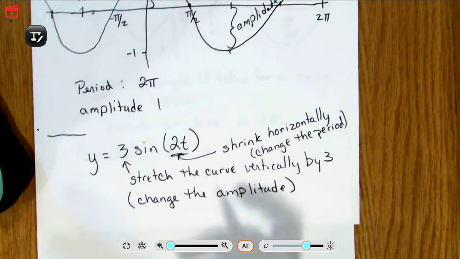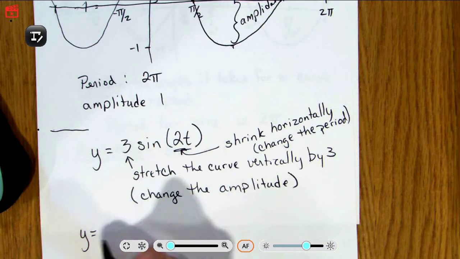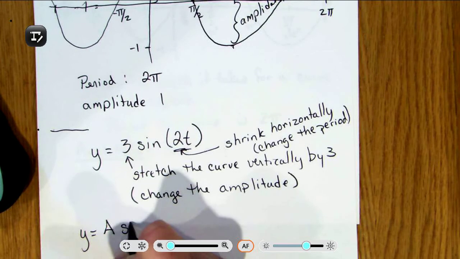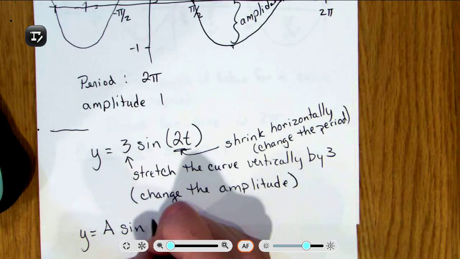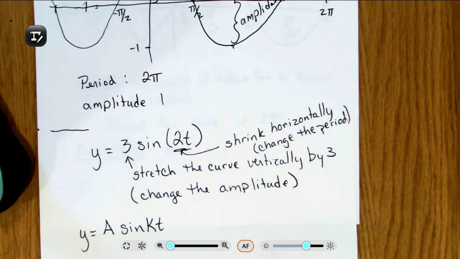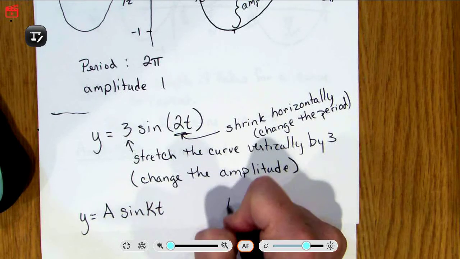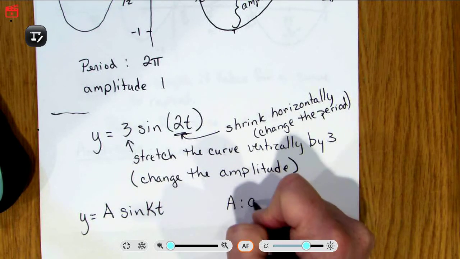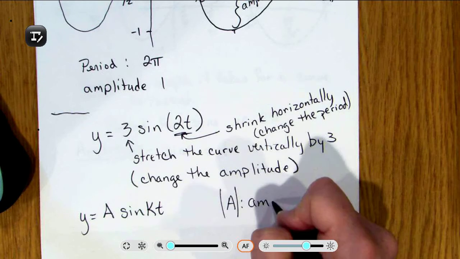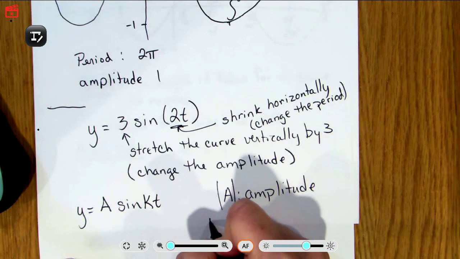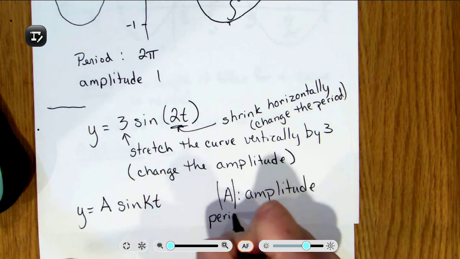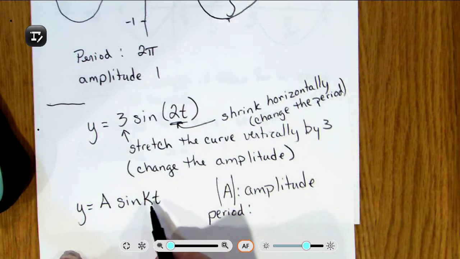In fact, if we have just a general curve, let's throw one in here. I guess the book uses K. We use a K as well. They use a little a, I put a capital A. A is going to represent the amplitude, if we take it in absolute value. The period of this curve is going to be affected by that k.